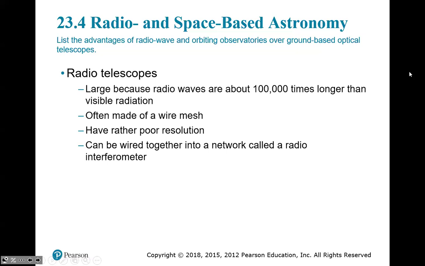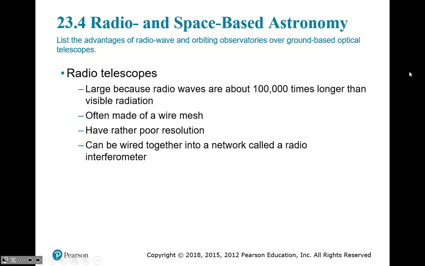So radio telescopes. I mentioned that the resolution of a telescope is related to the size of the telescope and the wavelength, and it's related to the ratio of them. What that means is the bigger your telescope, the better your resolution, but the bigger the wavelength, the worse your resolution. So to compensate for that, you need to make a bigger telescope.